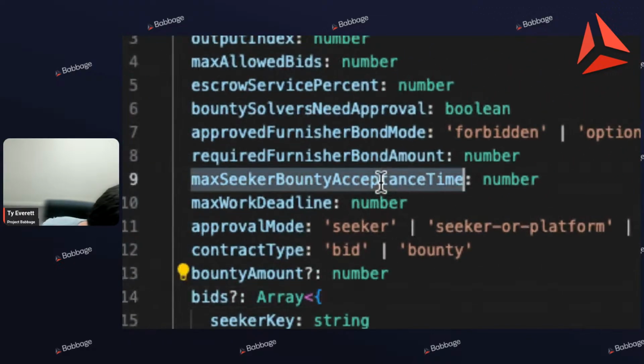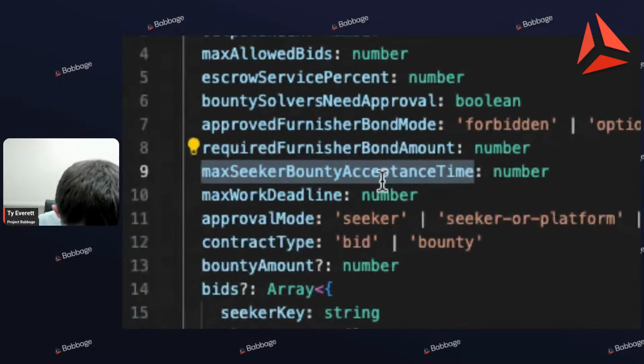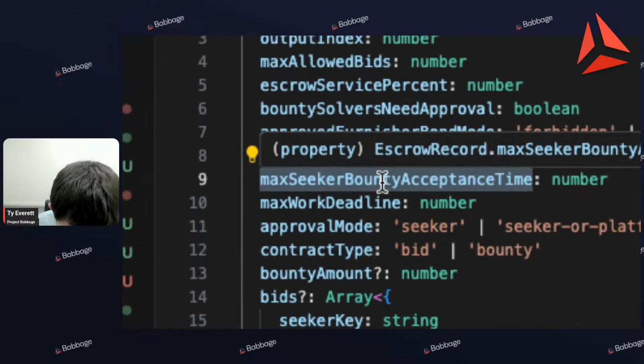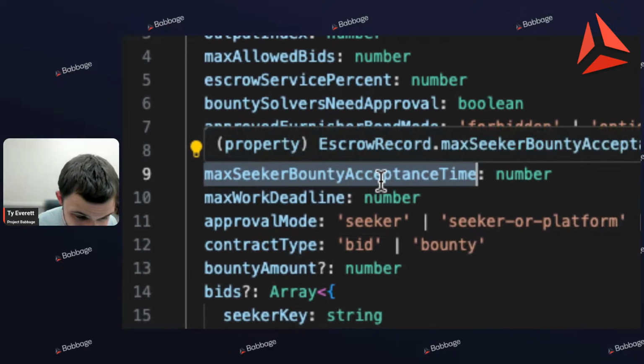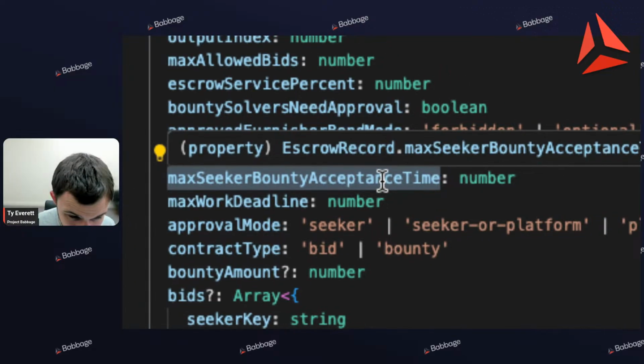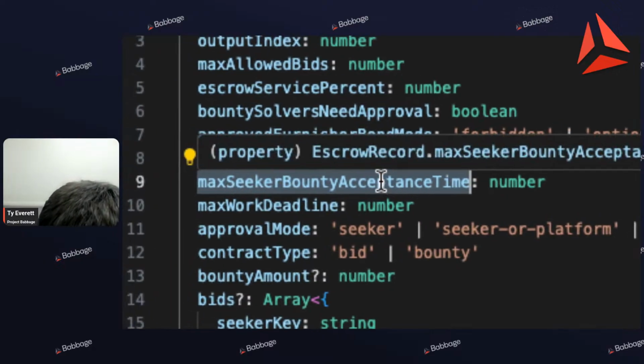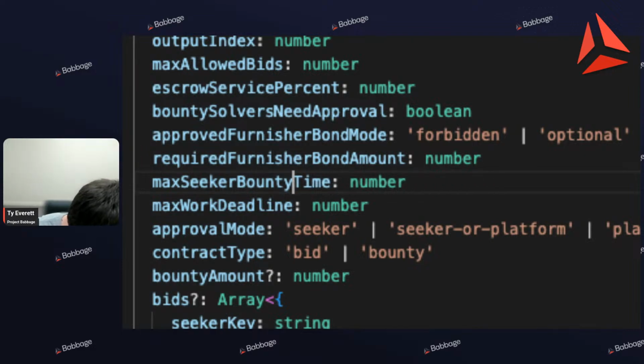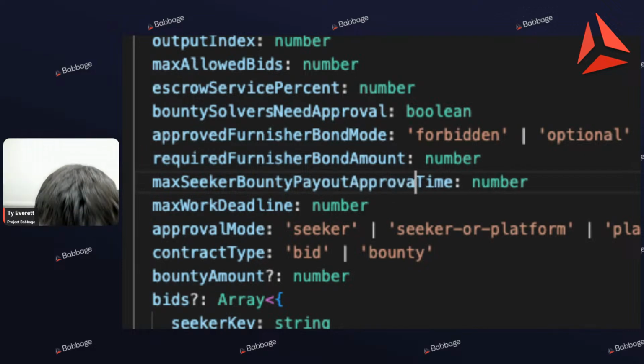Right. So this is the max seeker bounty acceptance time. This is when the seeker must accept. This is actually a max seeker payout approval time.